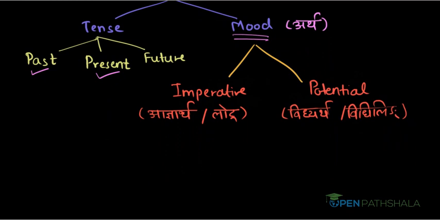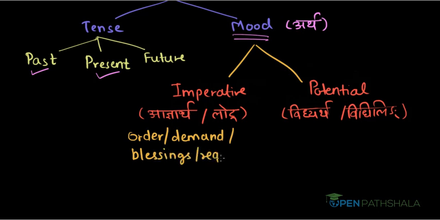Now whenever order or demand or blessings or request is understood, this imperative is used. So whenever one wants to convey some order or some demand, blessings or request, then he uses this imperative mood.